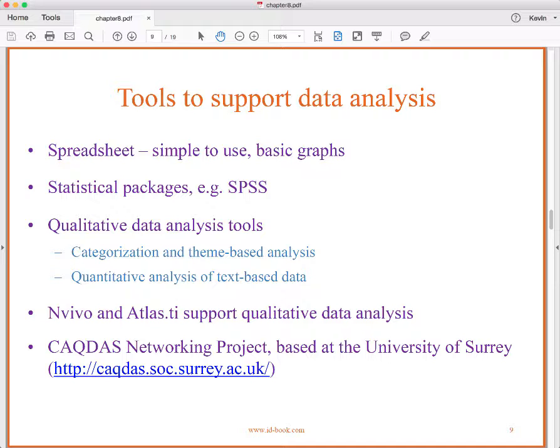There are a couple of qualitative data analysis tools as well. They might involve a categorization and theme-based analysis, or quantitative analysis of text-based data. And on the categorization scheme, in my work at the Informatics Research Center, two of the tools that we used are the ones in the fourth bullet here, NVivo and Atlas TI.